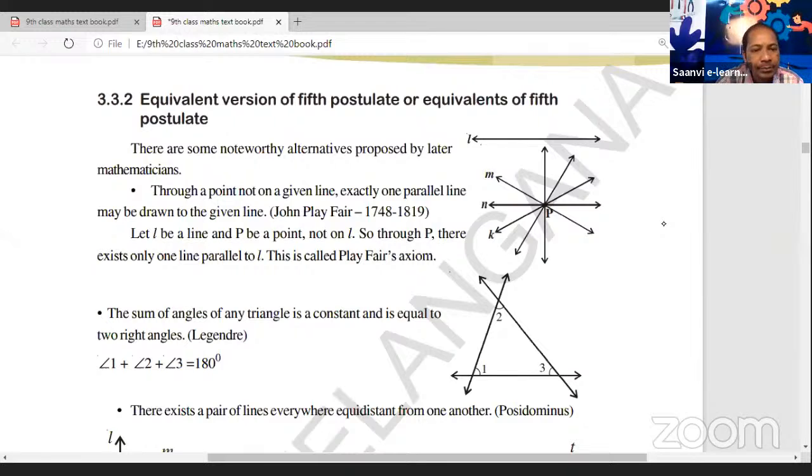And the second one is that the sum of angles of any triangle is a constant and it is equal to two right angles. It means the sum of three angles in a triangle is equal to 180 degrees. Angle 1 plus angle 2 plus angle 3 is equal to 180 degrees.